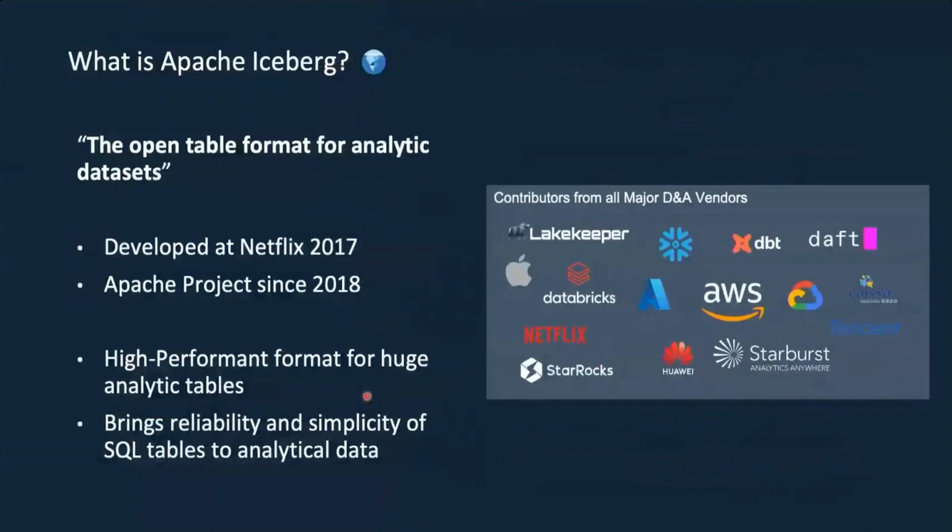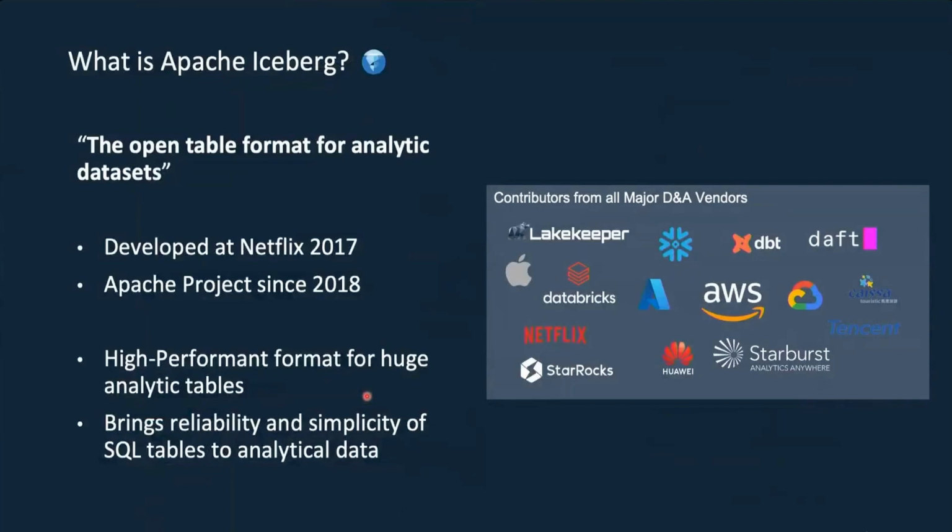So what is Iceberg? Well, Iceberg was developed at Netflix in 2017 by Ryan Blue and his colleagues, who are still the PMC members of the Apache project. They're no longer working at Netflix. They had quite a turbulent journey.